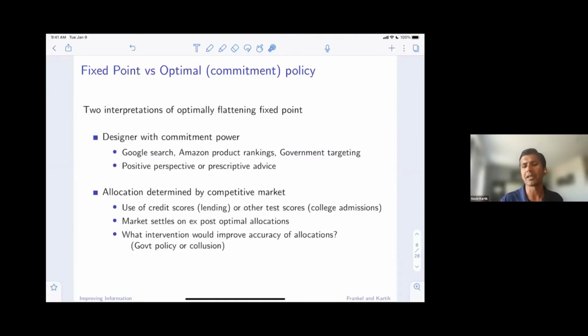So here we might think about the market settling on an ex post optimal allocation because of the lack of market power. And then one could think about our result about flattening the fixed point as pointing to either what kinds of interventions would improve the accuracy of allocations. So this could be a government policy, for example, about banning the use of certain kinds of test scores or saying how much they can be used. Or another interpretation would be, what would happen if there was collusion in this market?